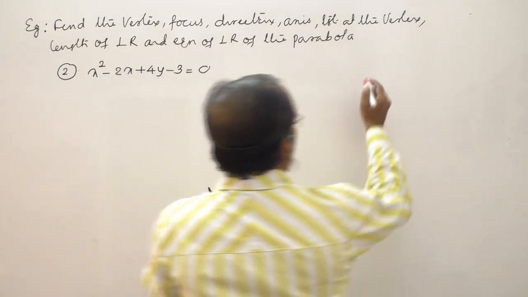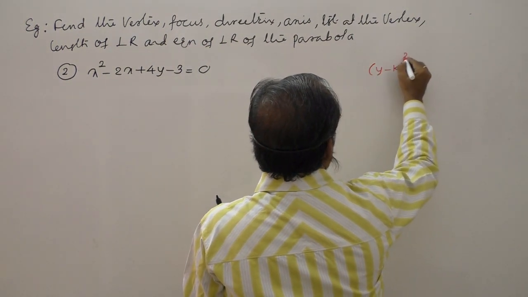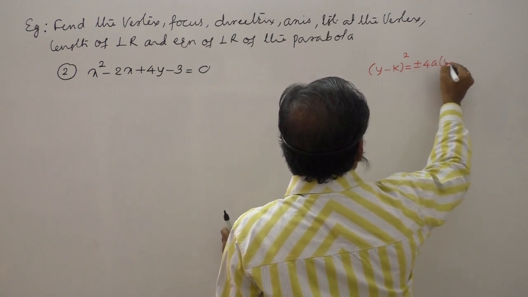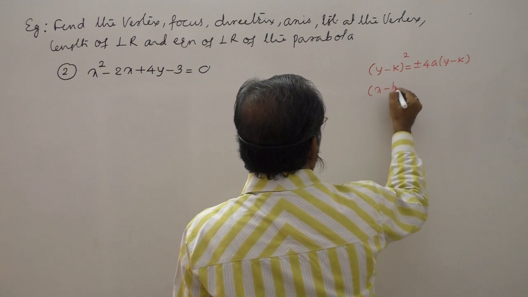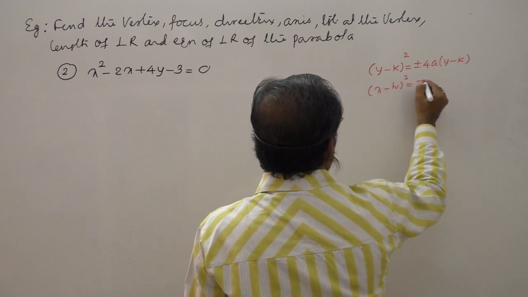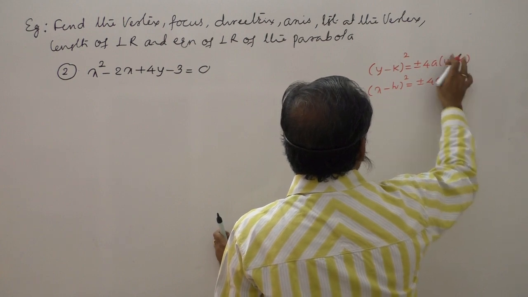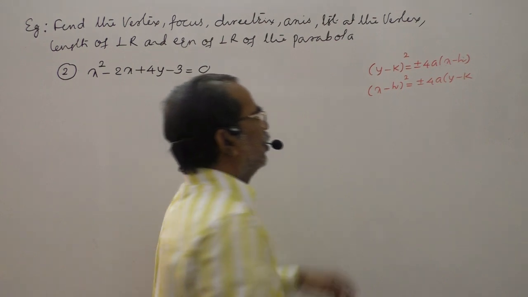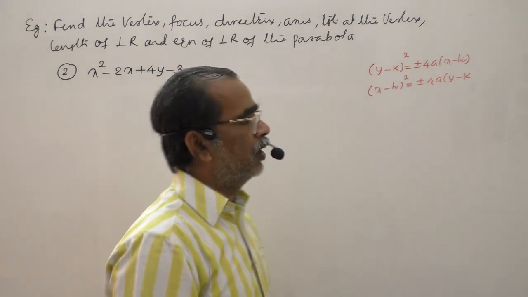Like this, no? In the second set, we have 2 parabolas: y minus k whole square is equal to plus or minus 4a into x minus h, and x minus h whole square is equal to plus or minus 4a into y minus k. For this, the axis is parallel to the x-axis, parallel to y.